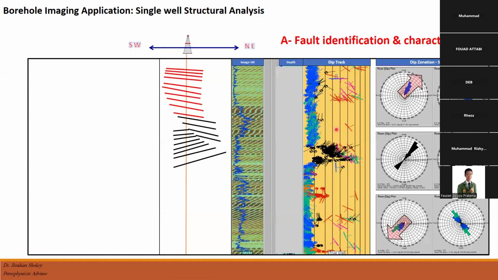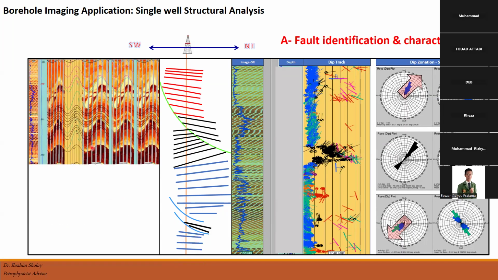This is our bedding plane, which comes in the northeast direction, and this is the bedding plane which comes with southwest direction. It is the fault intersection between them, and this bedding is a gentle dip in the southwest direction, and then there are two micro faults between this bedding.